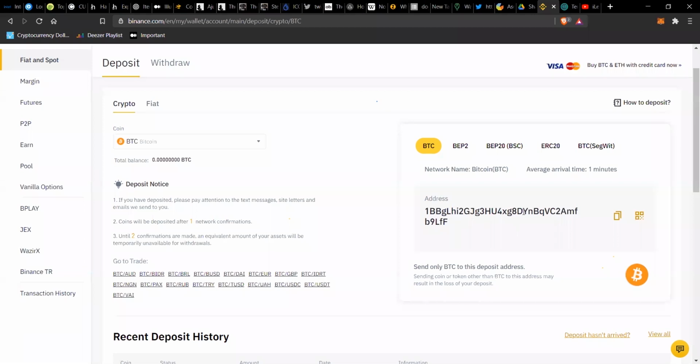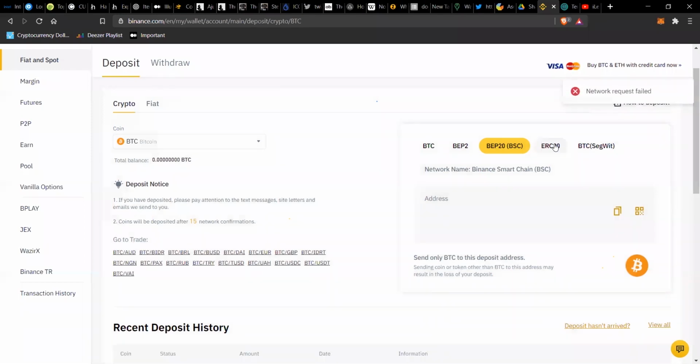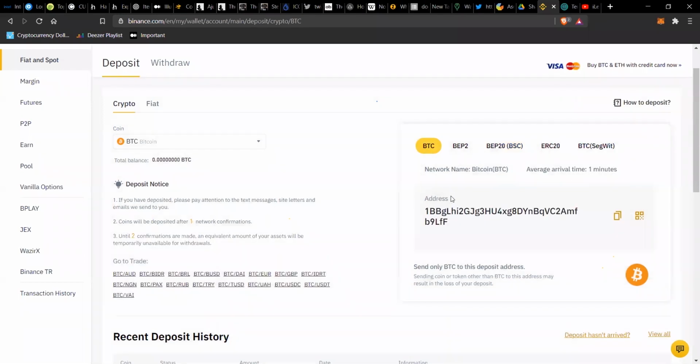Unless and until they specify that you send another network, that is when you now have to migrate and check for the one they specified. But until they request a different network, what you are supposed to copy and send is the normal Bitcoin standard wallet address, which in most cases or in all cases starts from number 1. It's called a legacy wallet.